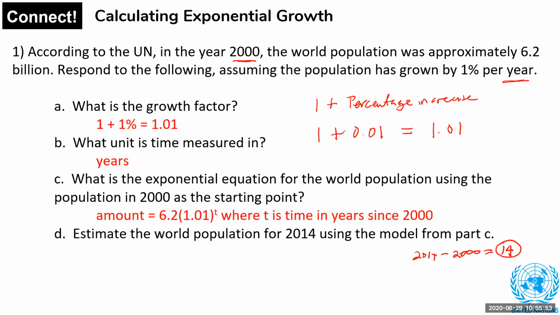So you plug that in for your T over here. So the amount will be equal to 6.2 times 1.01 exponent 14. And that should give you the estimated population for the year 2014. Is that okay? Nice.